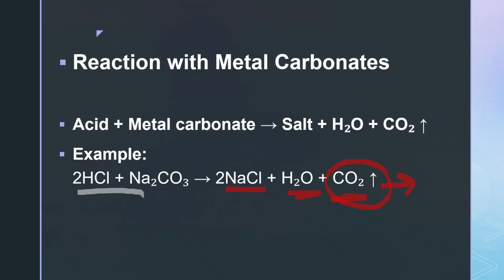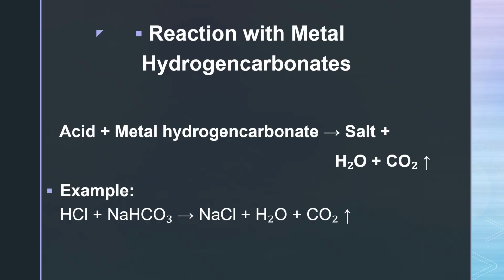Okay, so this is one question that can be asked in any of the exams, in which they will tell you that any substance reacts with acid, and it is going to produce a gas which will turn lime water milky. So in that case you have to identify that gas as CO2 gas. Okay, let's move to the next topic, that is reaction with metal hydrogen carbonate.